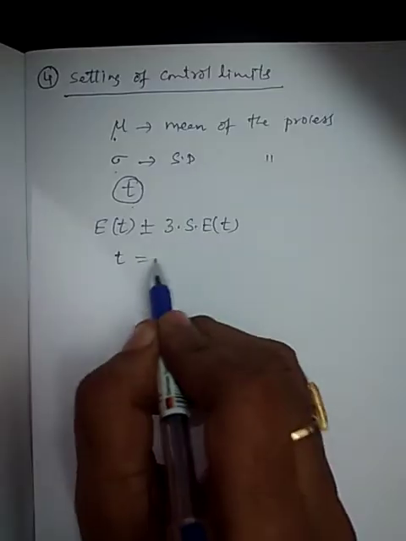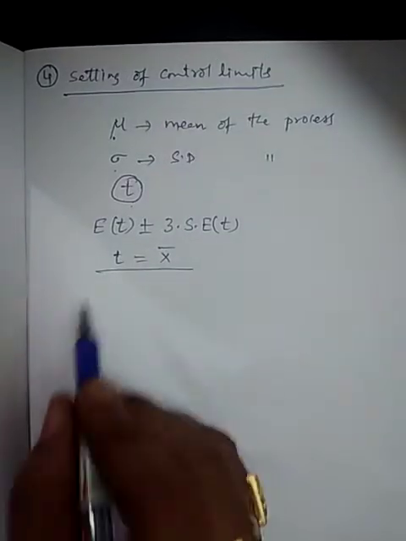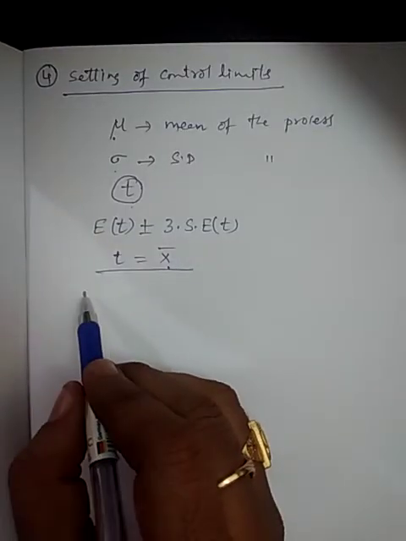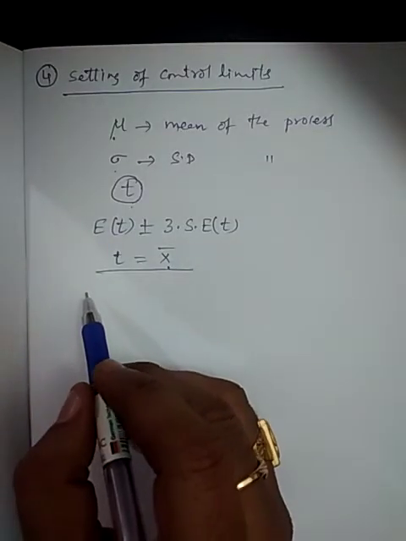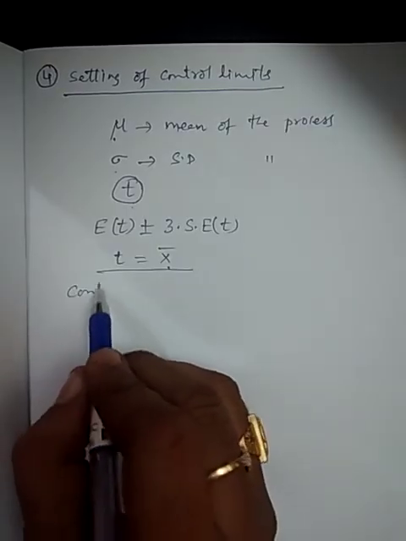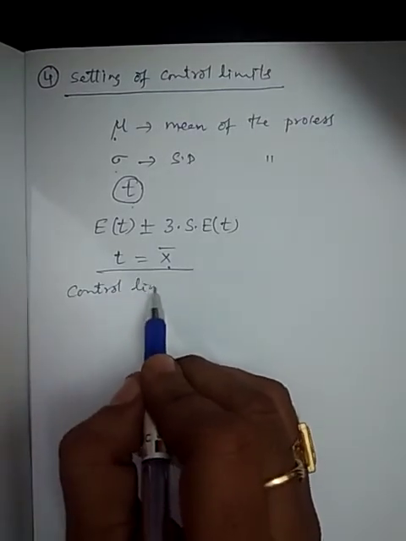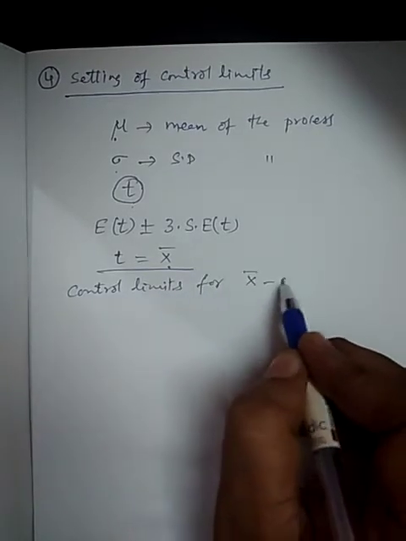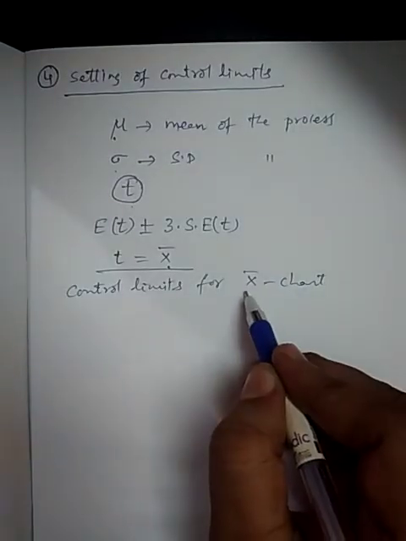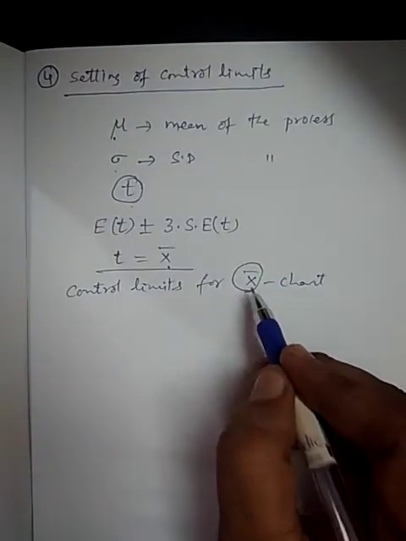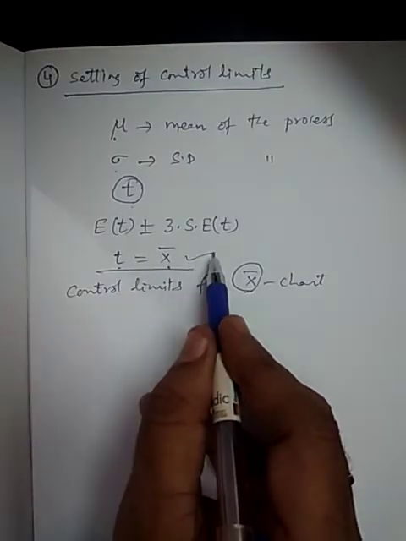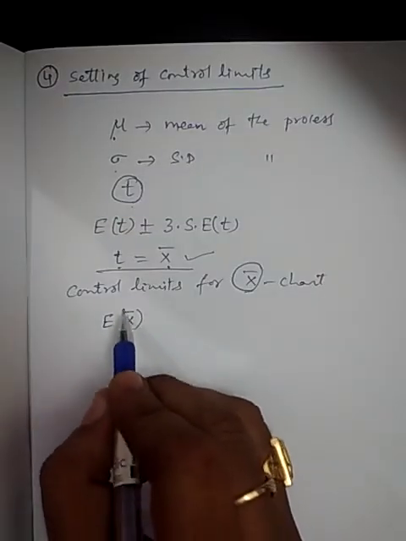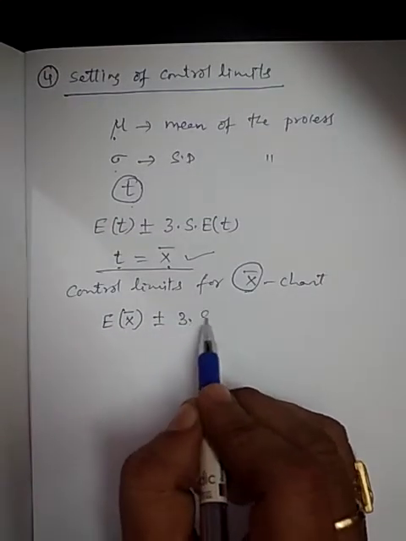We have to calculate 3 sigma limits for this X bar, that is, control limits for the X bar chart. Because we are calculating for the X bar chart, you consider t equal to X bar. The formula now becomes expectation of X bar plus or minus 3 into standard error of X bar.